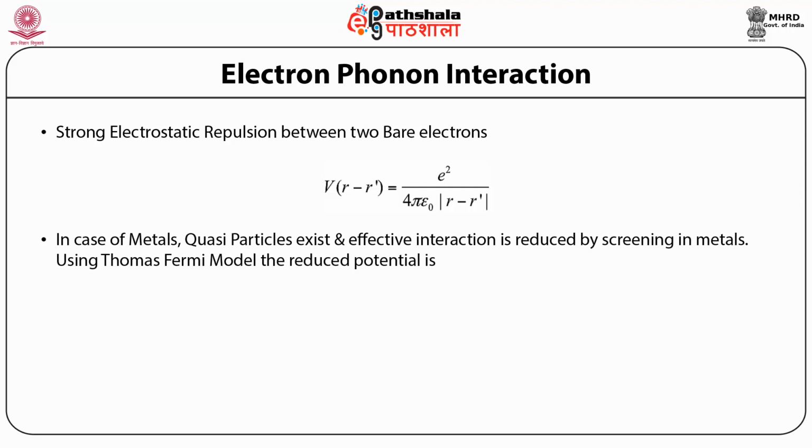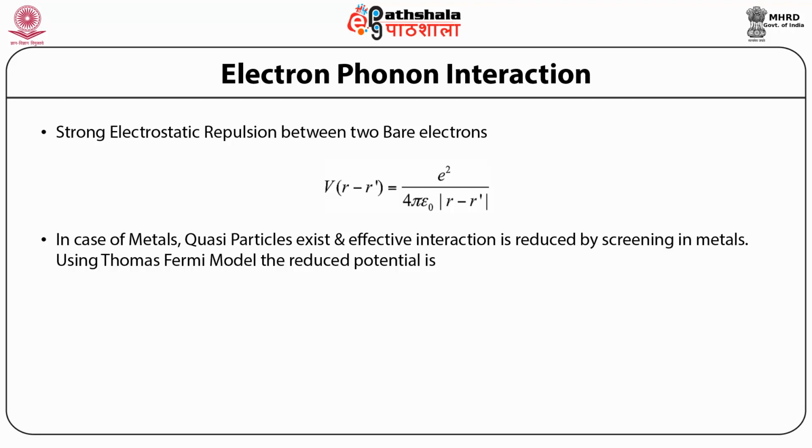Now in the case of metals, quasi-particles exist and the effective interaction is reduced. What is the effective interaction? That is, what we have mentioned above is reduced by screening in metals.